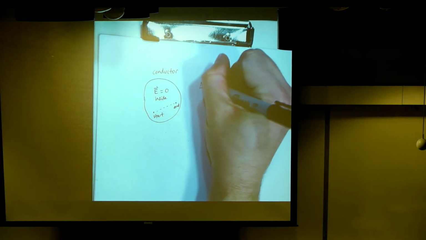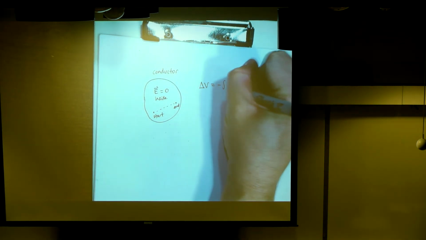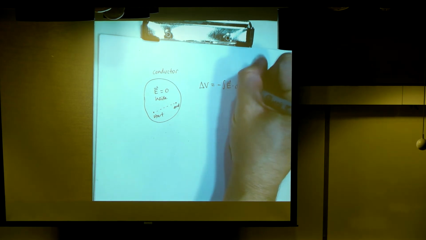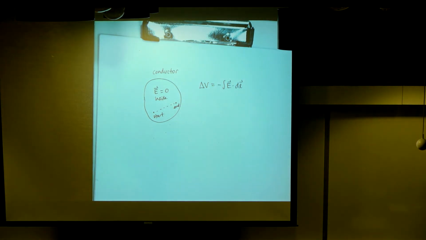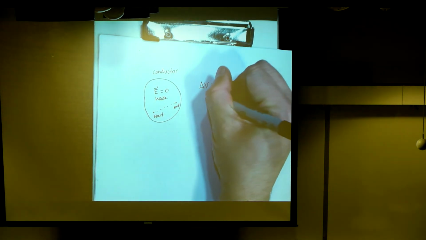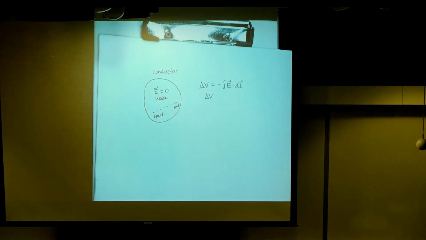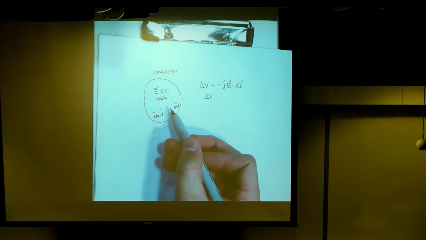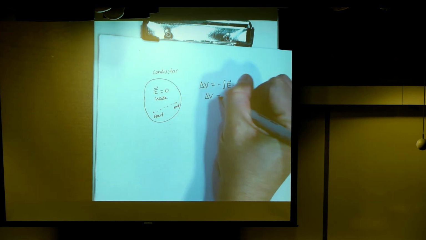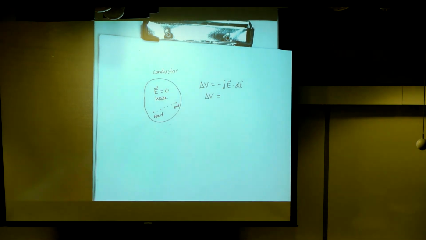I want to integrate the E field over the path that connects those 2 points. So delta V equals minus the integral E dot dl, right? That's something we've seen about a million times before. But in this case, if we're integrating between 2 points within a conductor, we know that the E field is just 0 the whole time we take that integral.